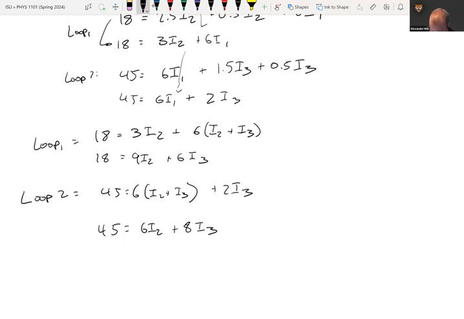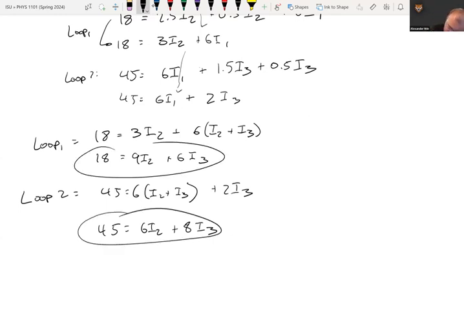And now we can do a little bit of reducing, but these are the two equations we want to solve, our two algebraic equations. So this one will become, I'm going to divide everything by 3. So this will be 6 equals 3 I2 plus 2 I3.